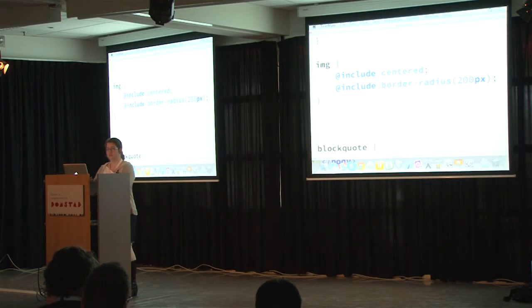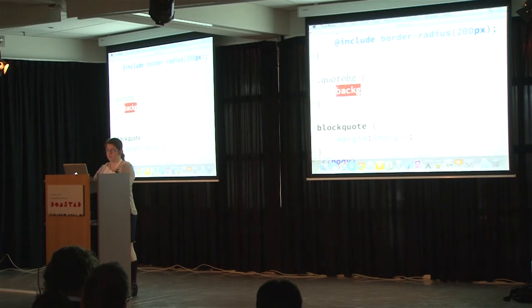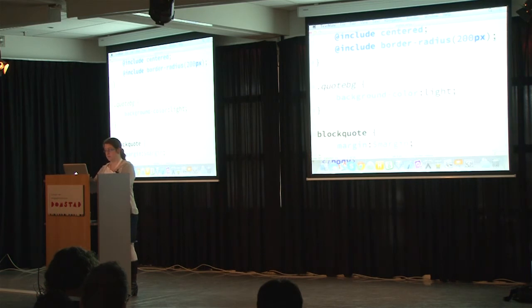Let's have it be quote BG, and we'll say background color is, maybe we'll use, well, this will be a little blinding, I think. And we'll lighten the main color by 30%.